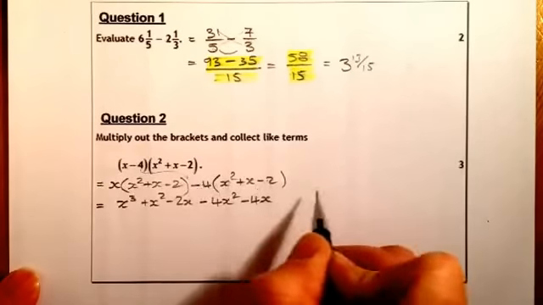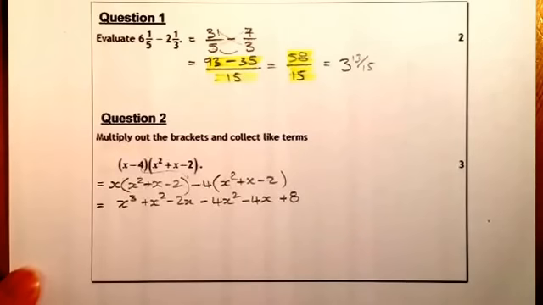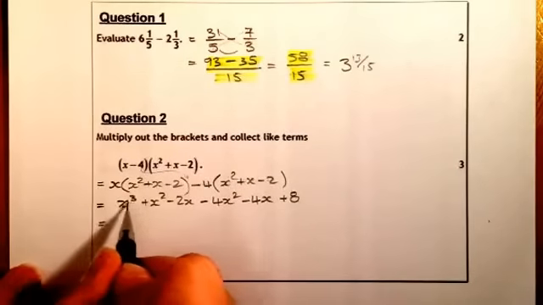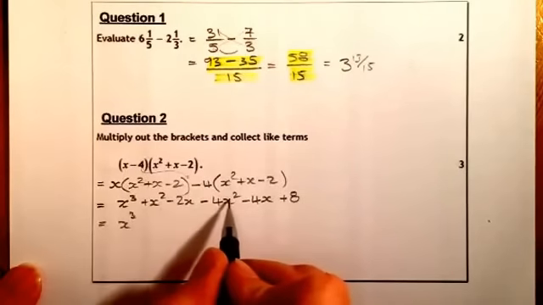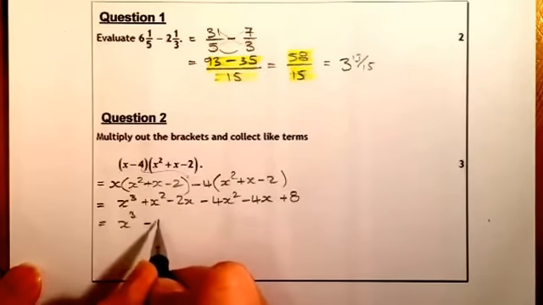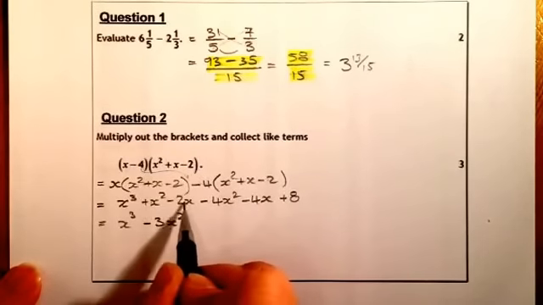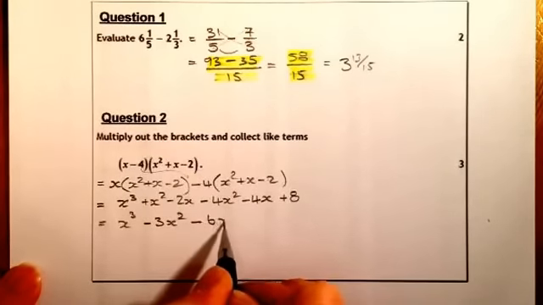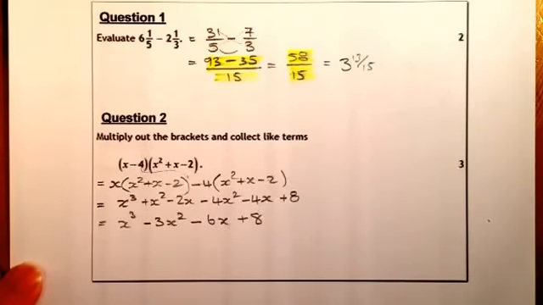And minus 4 times minus 2 is going to give me a plus 8. Now I'm going to gather up whatever I can. I've only got this x cubed term, and the x squared terms give minus 3x squared. X terms, I've got minus 2 and minus 4, that'll give me minus 6x, and I've just got a plus 8 at the end.